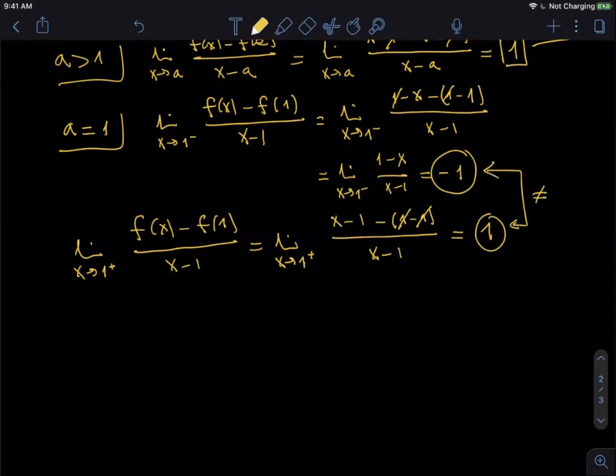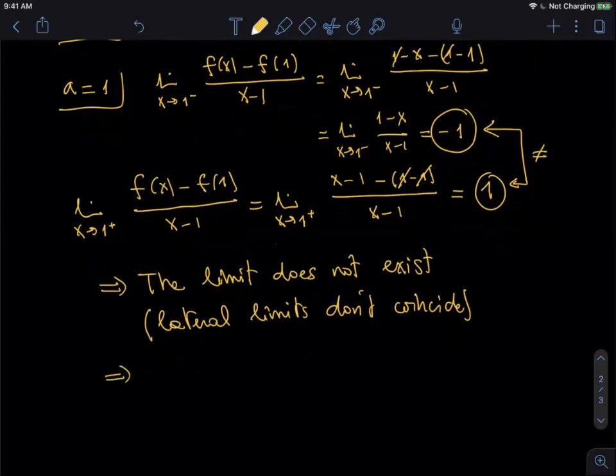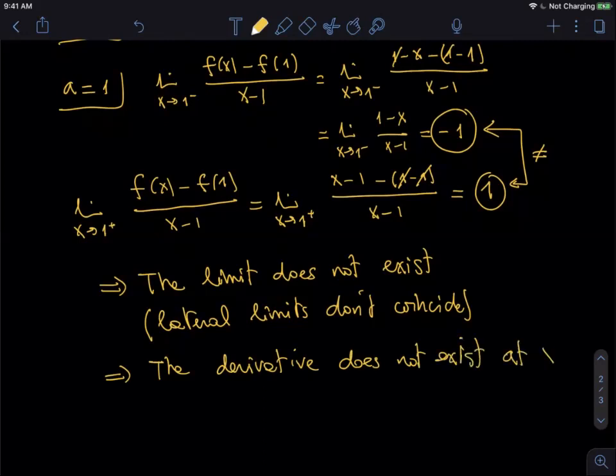These two are different, so the limit does not exist. This is because the lateral limits don't coincide. And if the limit does not exist, then the derivative does not exist. This is at x equals 1.